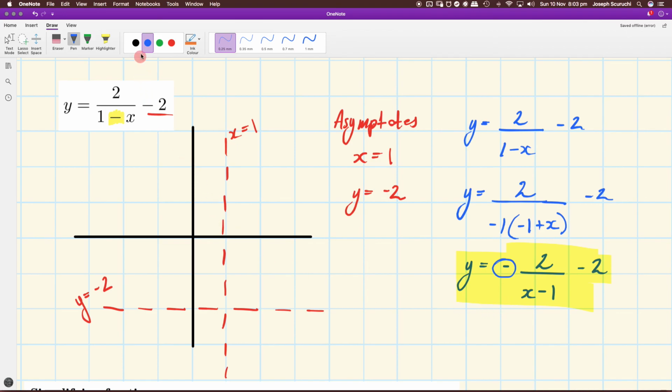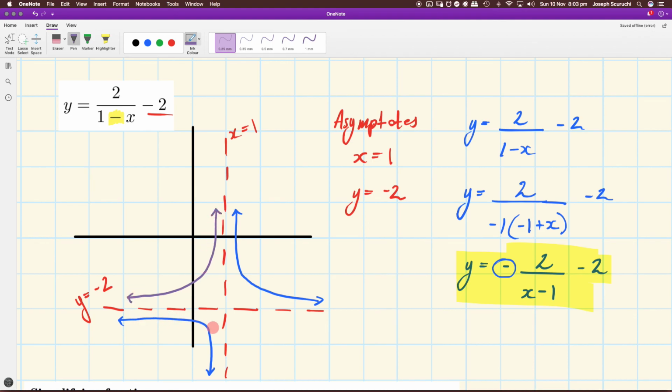So let me first draw just the normal way we would do this without the reflection. If it didn't have the reflection, it would look like this. Now, if I was to reflect across my x-axis, I would be left with this.